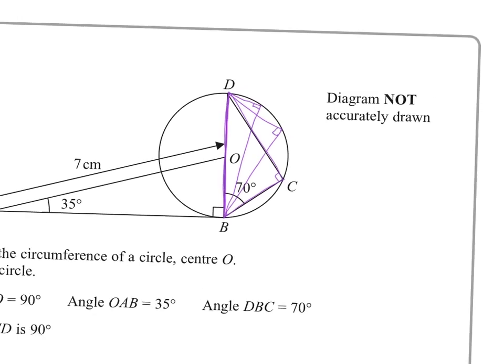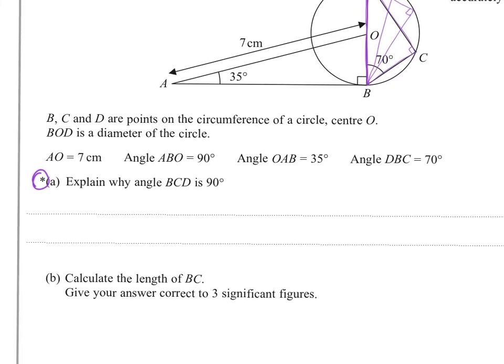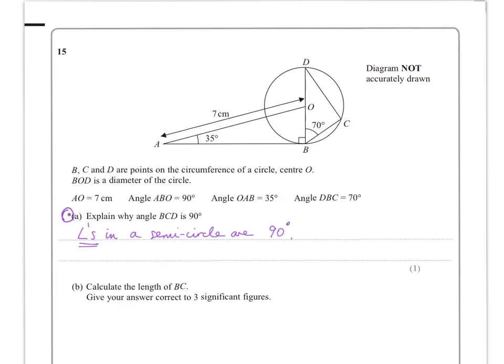So what we write for the explanation is we would just write angles in a semicircle are 90 degrees. Okay, that's all you have to write, and this is a shorthand for angles. The next part of the question wants you to calculate the length of BC. So this length just here.